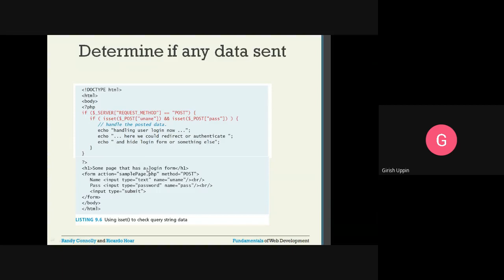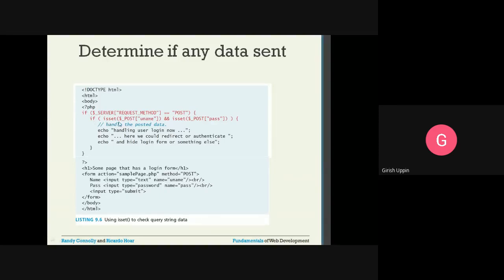This is the example to check whether any kind of data has been sent from the client or not. They have used another superglobal here, $_SERVER. We will see it later. $_SERVER has a request method, which will tell whether it is a POST or a GET. In our example, we changed it, so it is a POST. So you are checking that the request method is POST.